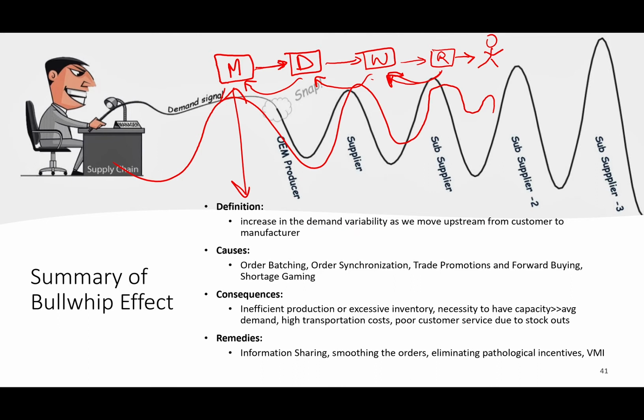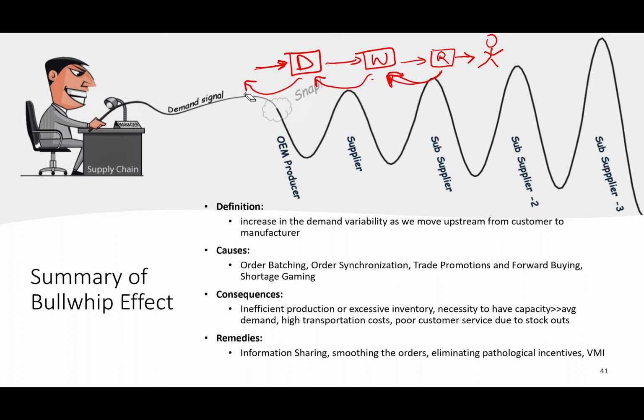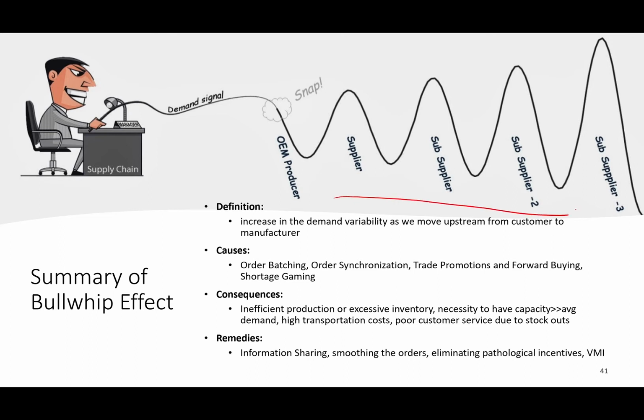So this is what we refer to as bullwhip. So it's literally like, as this guy is doing, as the supply chain manager here does a small snap in the demand, and then as we move upstream, it goes on increasing, right? It just goes on increasing. So that's what bullwhip effect means.